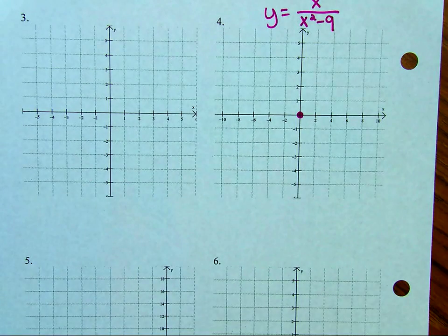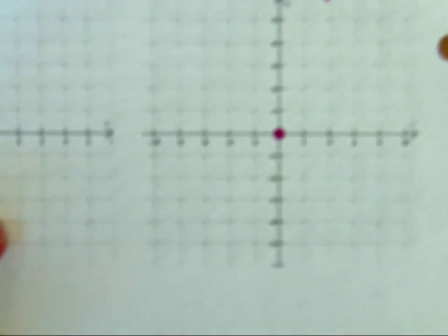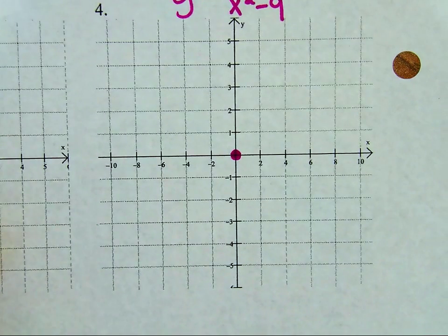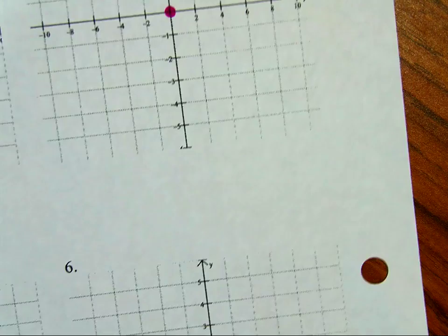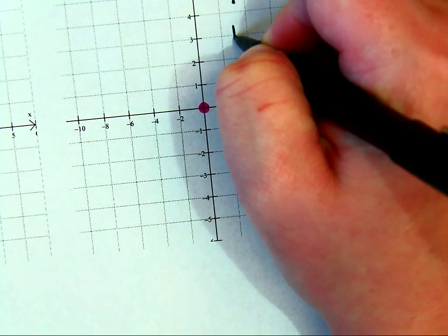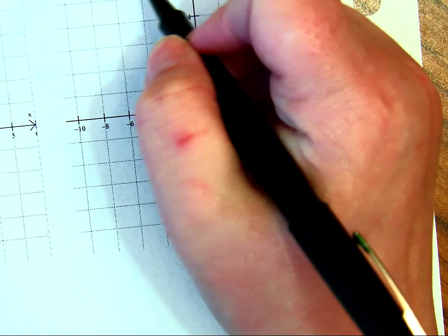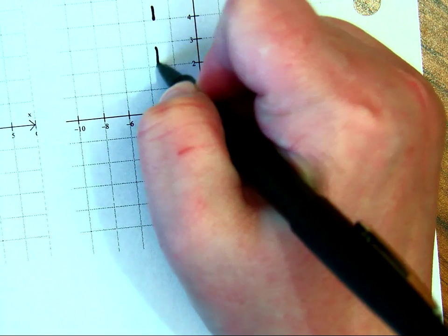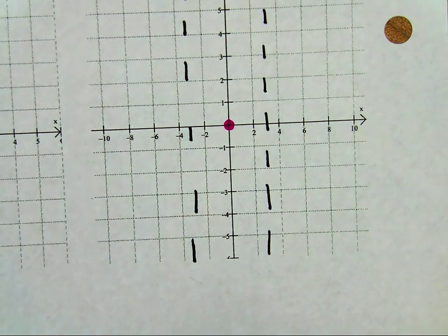Now, I also need to plot my asymptotes. I had a vertical one at 3 and negative 3, so that would be about right here. And if you notice, I also had a horizontal one at y equals 0.